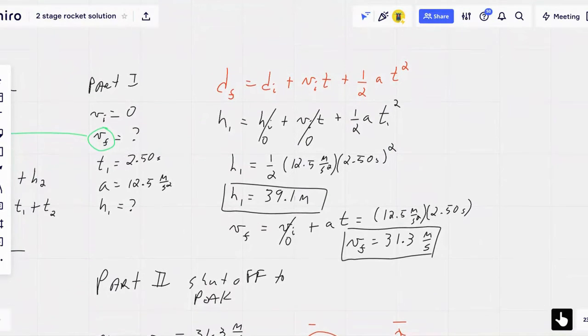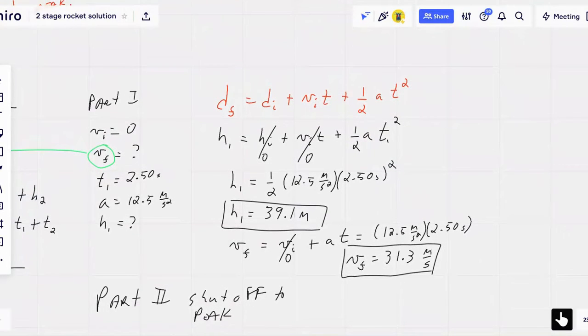Next, what's the velocity at that point? I'm going to need to know how fast it's moving, because that speed is going to project it up to the peak. The faster it's going when the engine shuts off, the higher it's going to end up going. So V final equals V initial plus acceleration times time. Again, V initial is 0, so it's just the acceleration times how long it acted for. So 12.5 times 2.50 comes out to 31.3 meters per second.